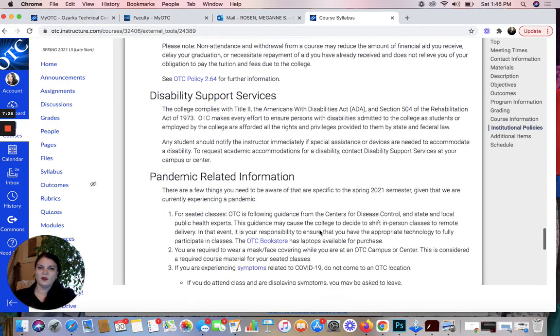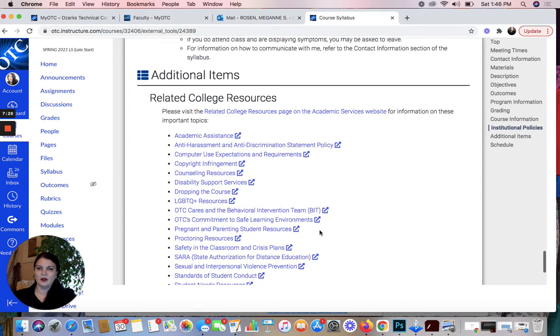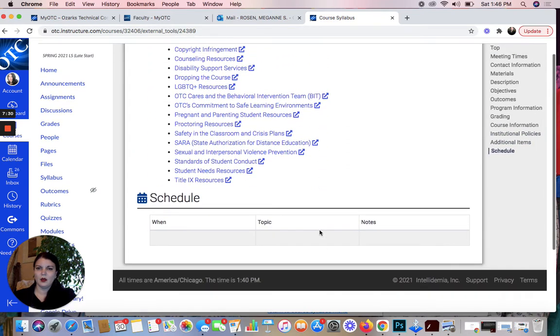All the rest of the stuff is pretty basic. The schedule I will add in later, but basically, as we're about to go over to the modules and look through the modules, you'll see the dates for everything. So you have a pretty good idea, but I'll put in a more precise schedule for you also.